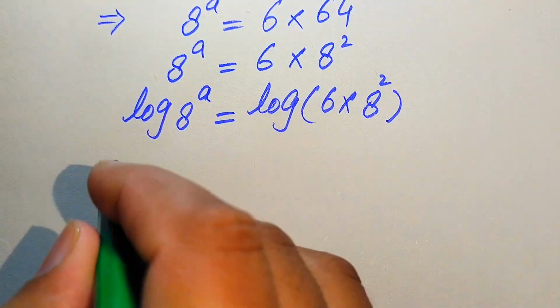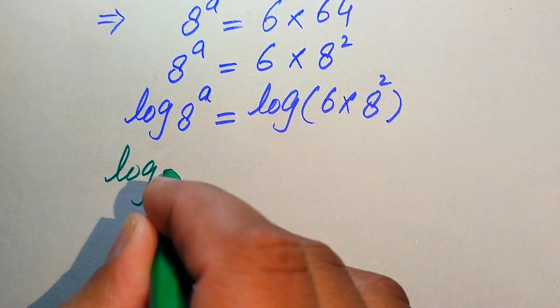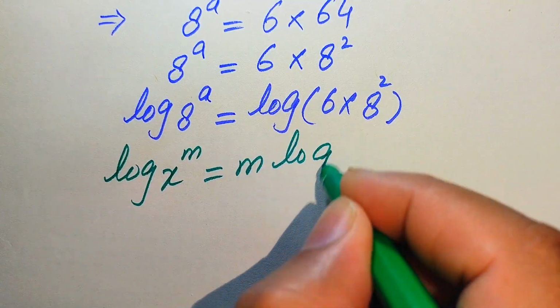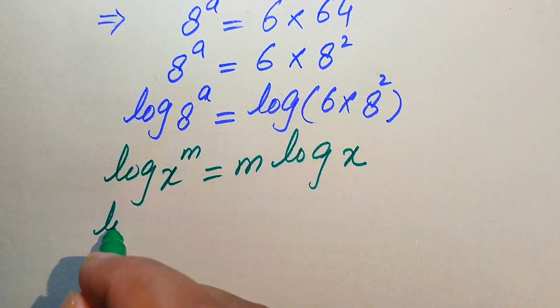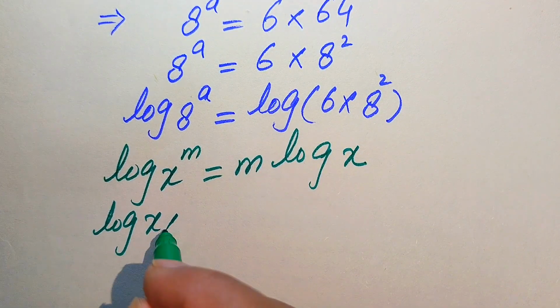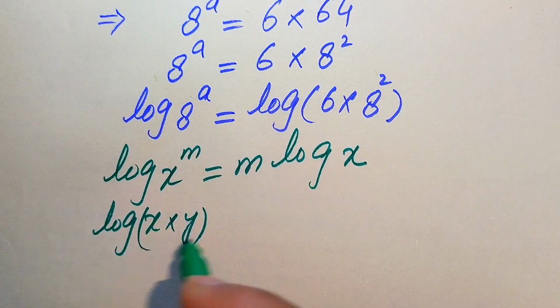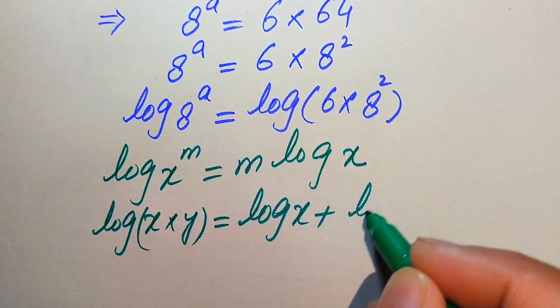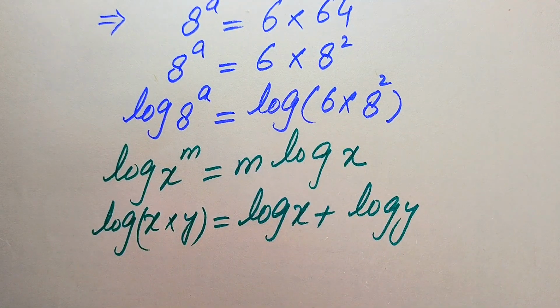If we have log of x to the power of m, it is equal to m times log x. And further we use another property of log: if you have log of x multiplied by y, this is equal to log of x plus log of y.